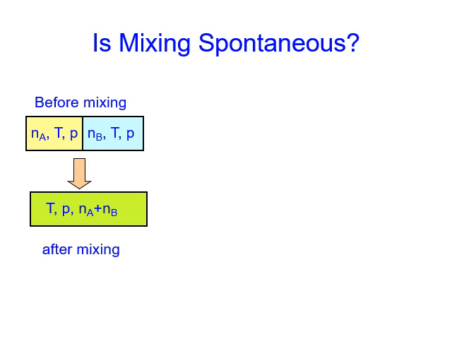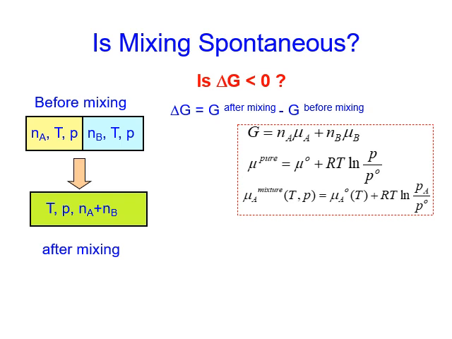With the equations we derived in the last few slides, we now can justify why mixing ideal gas is a spontaneous process. We're going to show that when mixing, delta G is less than 0, which is consistent with the second law. Delta G is calculated by the Gibbs energy after mixing minus the Gibbs energy before mixing. Three equations are important that we are going to use.